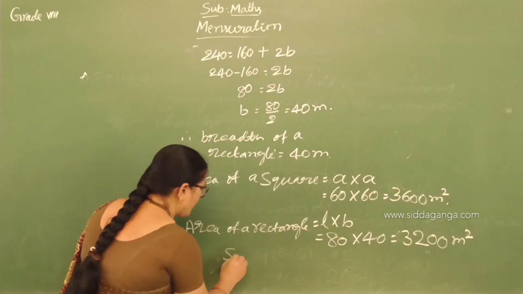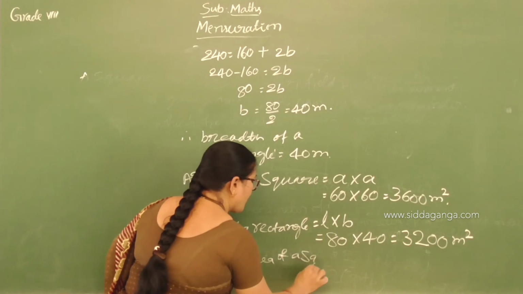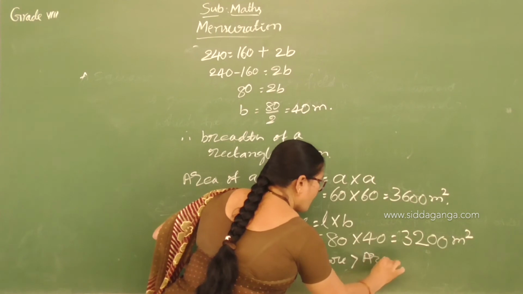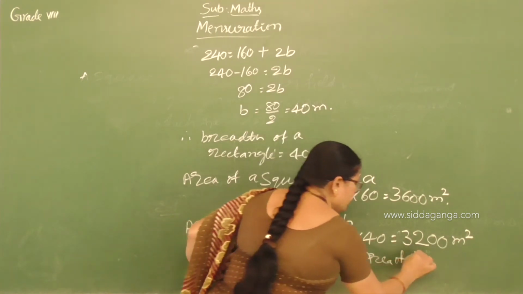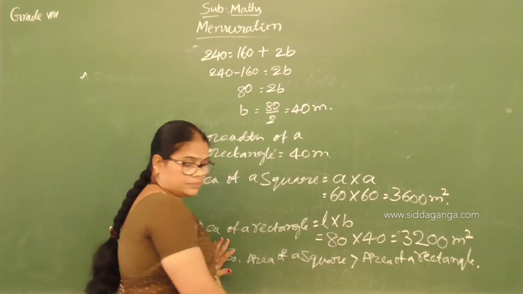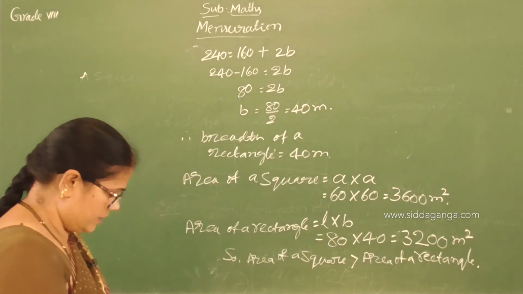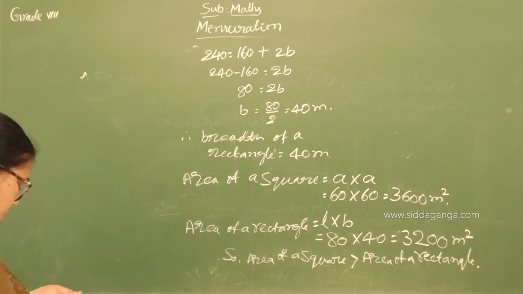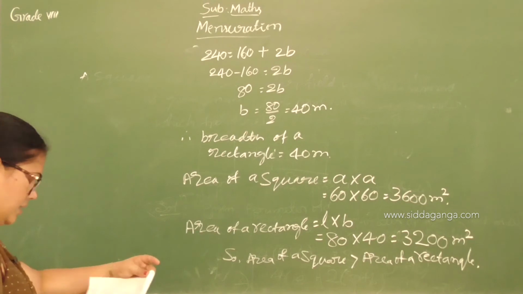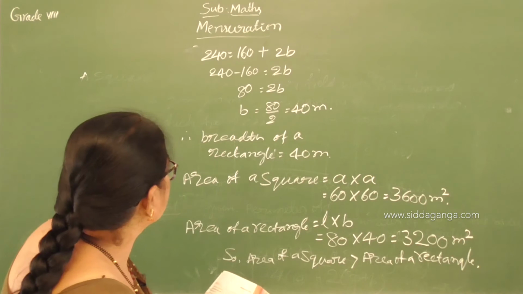So area of a square is greater than area of a rectangle. In this way, we have to calculate the areas and perimeters of the plane figures.